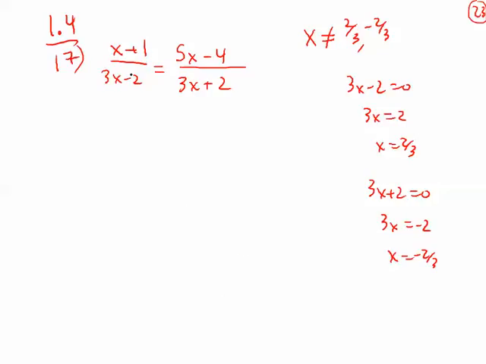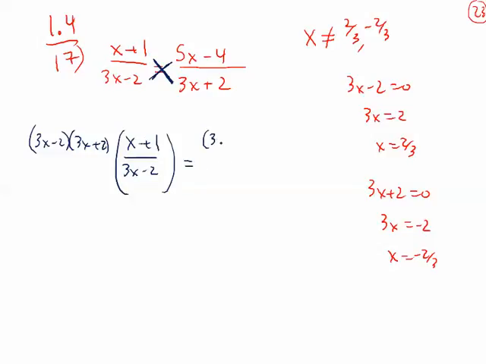Okay, two ways to do this. Whenever you see two fractions equal to each other, we know from Algebra 1, remember a long time ago, you can cross multiply, like this. That's kind of cool. The longer way is, what's my common denominator? 3x minus 2 times 3x plus 2, right? You can still multiply through by the common denominator, which would be 3x minus 2 times 3x plus 2.